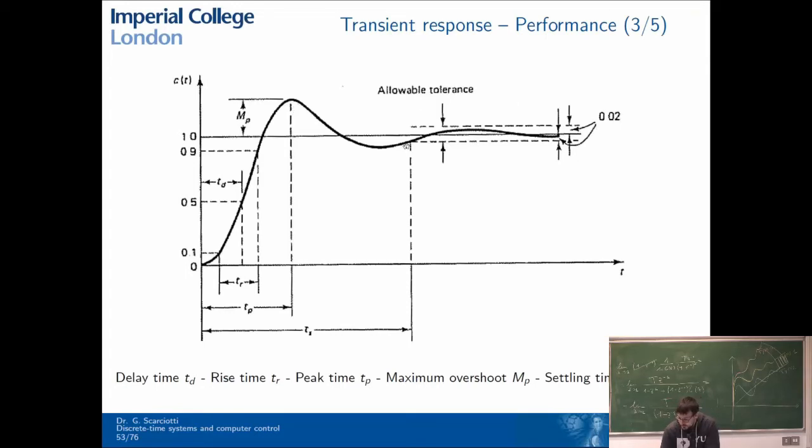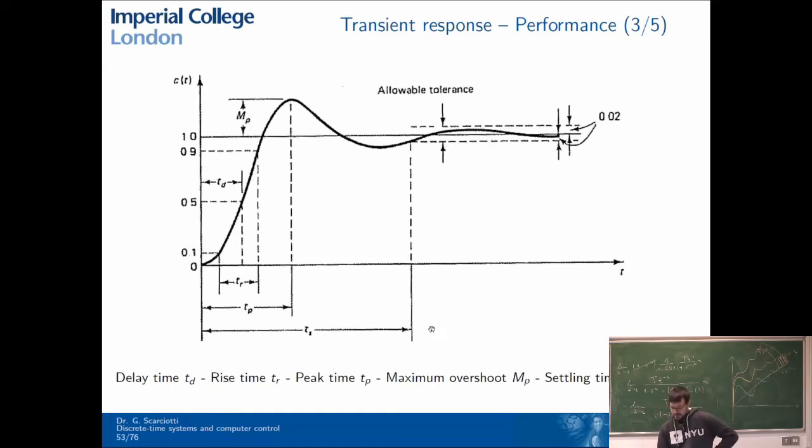The last indicator that we define here is the settling time. The settling time is the time necessary for us to decide that the system reached the steady state. Obviously, steady state is something that is reached at infinity, but in practical terms, we cannot wait until the end of the universe to say that we are in steady state. So we define the settling time in the following way. We consider a certain range around the steady state value, usually a 2% tolerance, so 2% over and 2% under the steady state value.